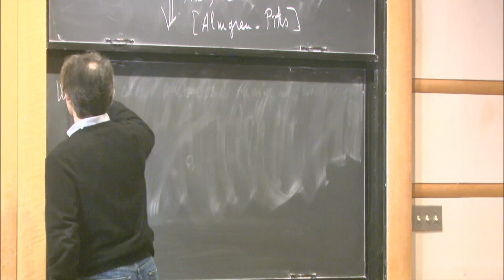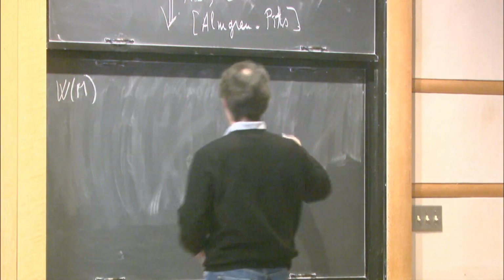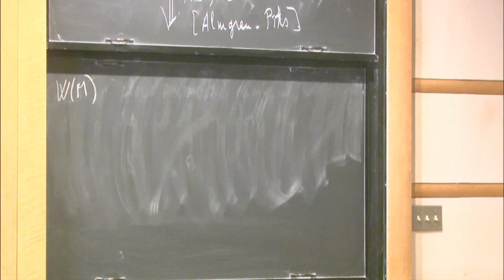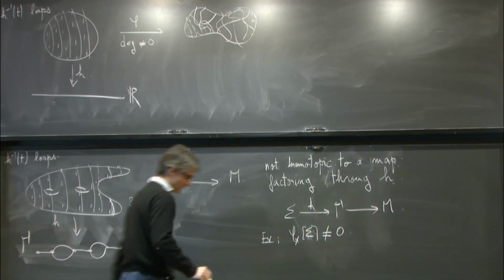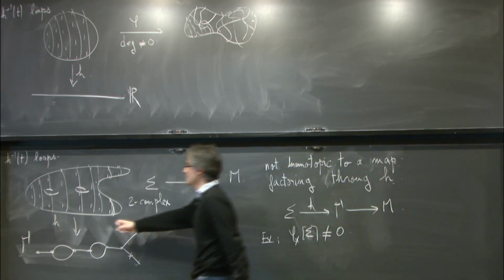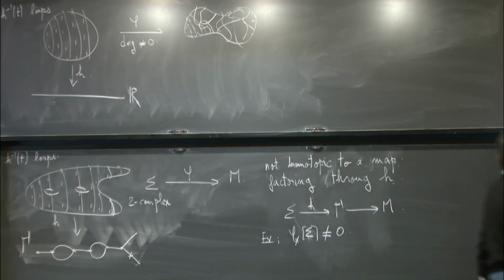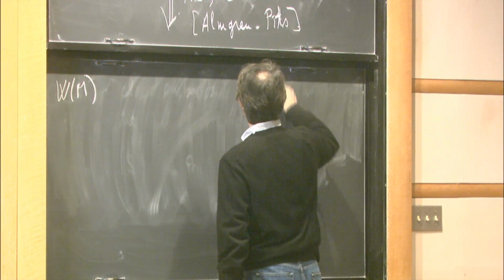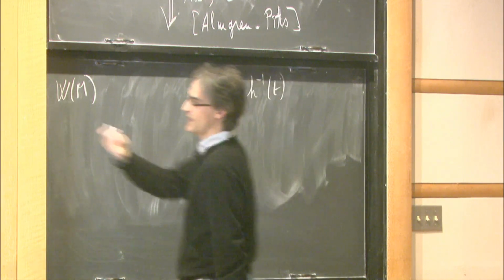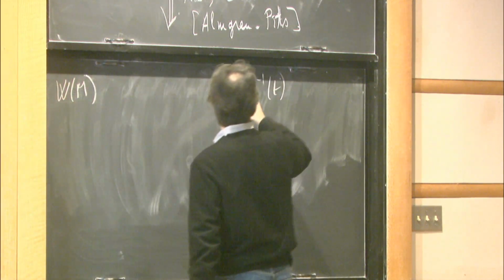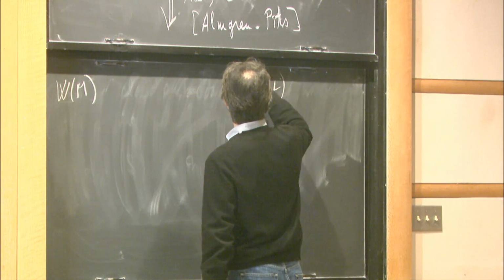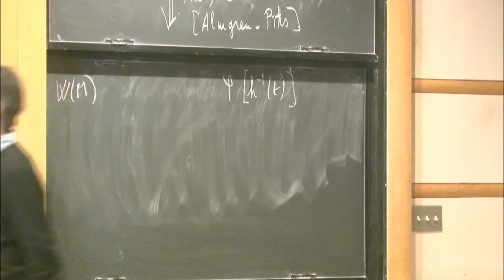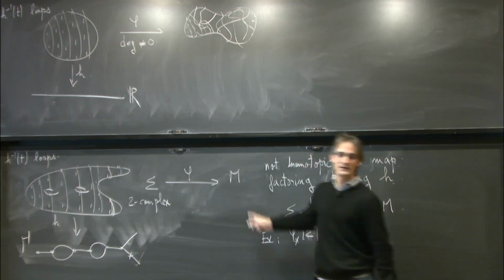the width. So previously, one way to do it is, okay, you have these preimages. Look at the fibers of H. Then you map them to the surface. That gives you a loop on your manifold.